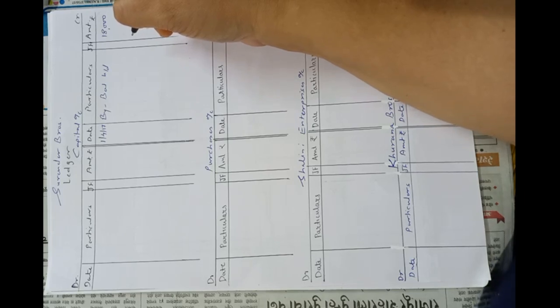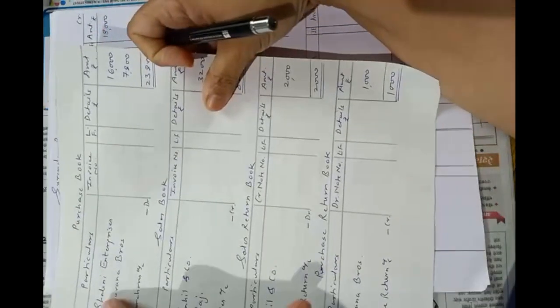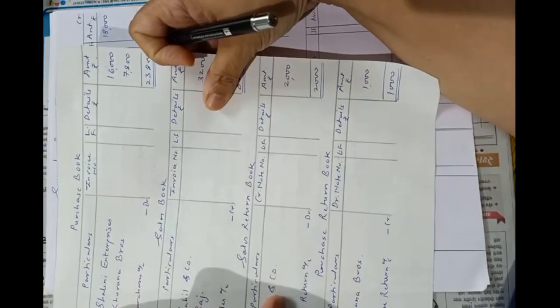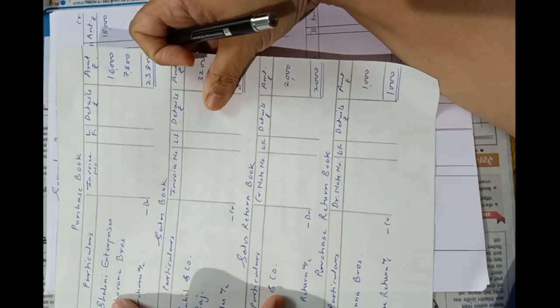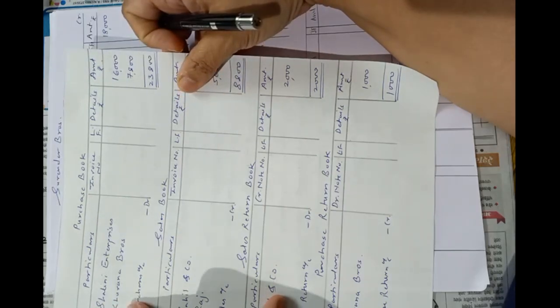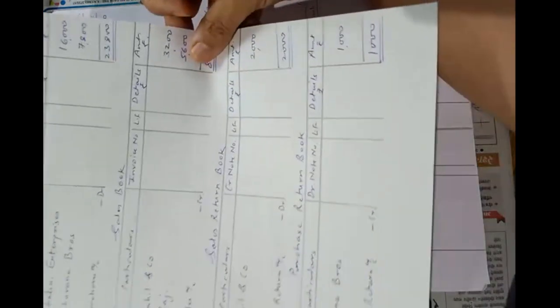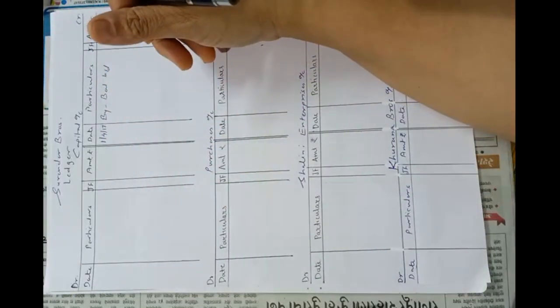So from the purchase book we can see this. In the purchase book on March 2nd there is an entry of Shalini Enterprises and Khurana Brothers. So we will post this entry.